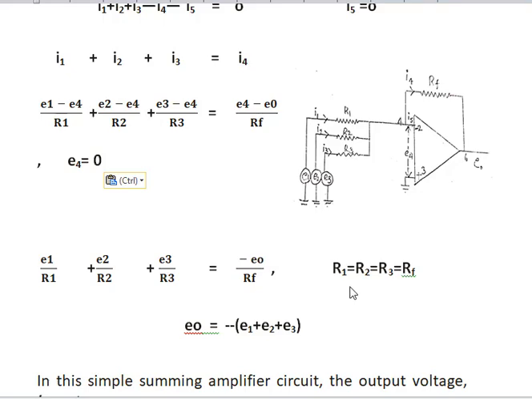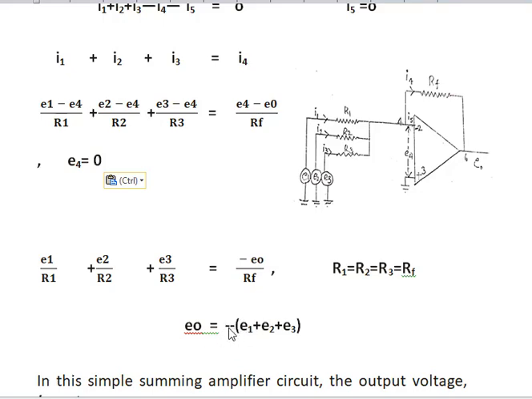From this, we take the values of the resistances such that R1 is equal to R2 is equal to R3 is equal to the feedback resistance RF. The equation is modified into E output is equal to the sum of E1 plus E2 plus E3.